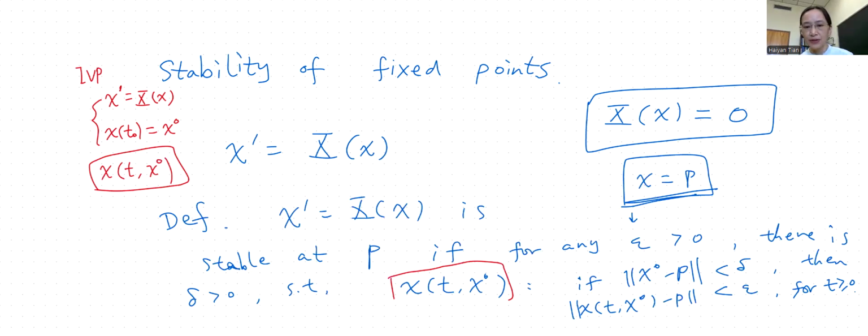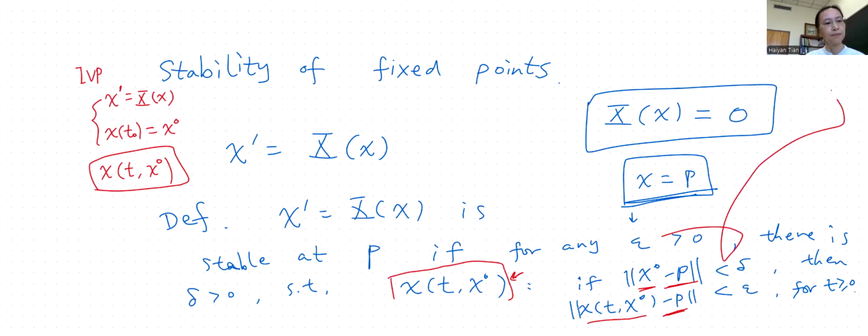So that is that solution curve. Basically what it says is this solution curve can be sufficiently close to the fixed point as long as the initial data is close enough to the fixed point. So in that case, the fixed point is called a stable fixed point.